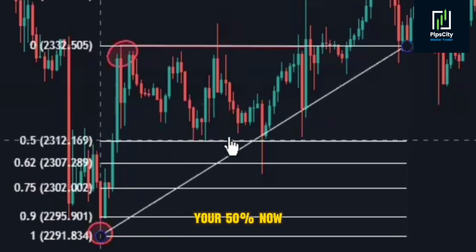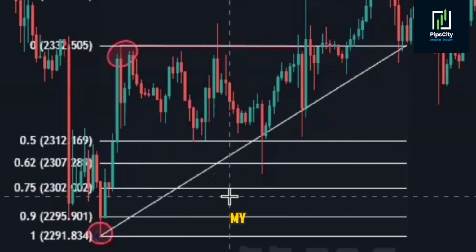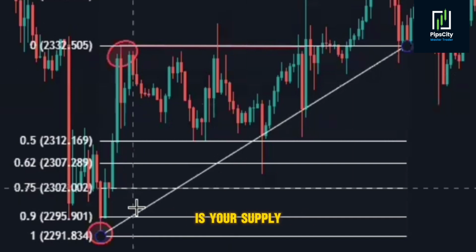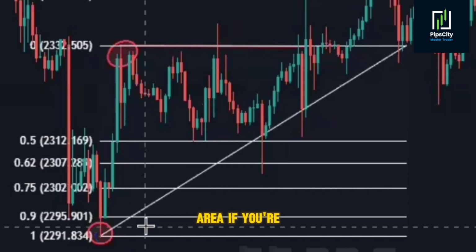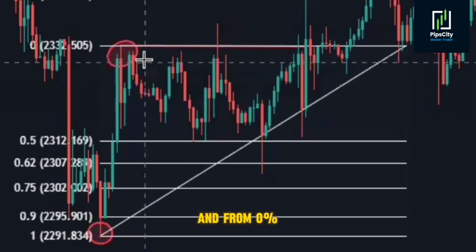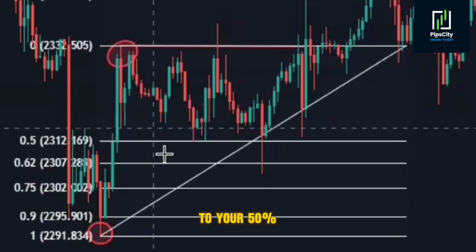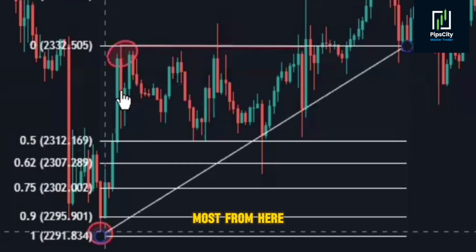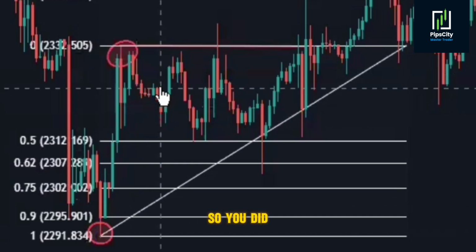You've seen your 50%. Now, I told you from 50% downward is your demand area if you are willing to buy, and from 0% to your 50% is your supply area if you are willing to sell. Now the market moves from here to here. So it did all this.